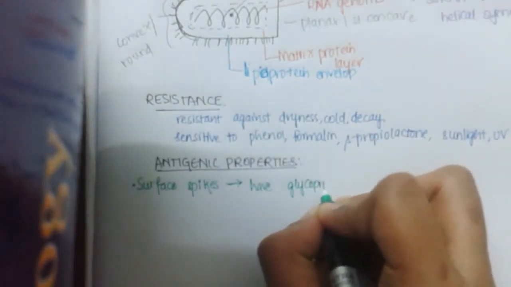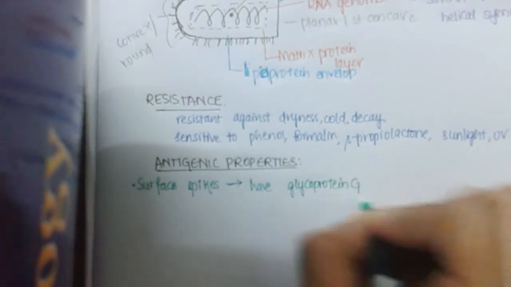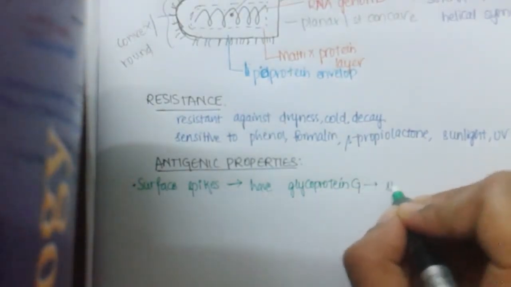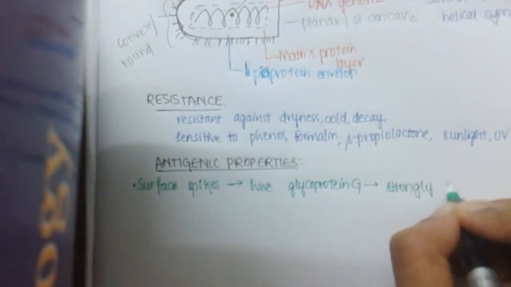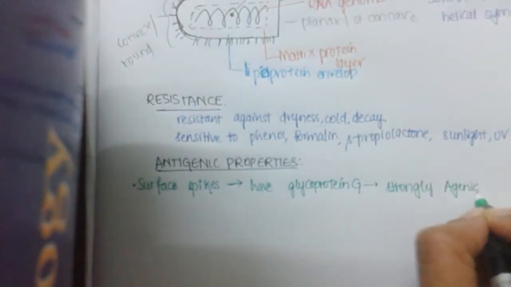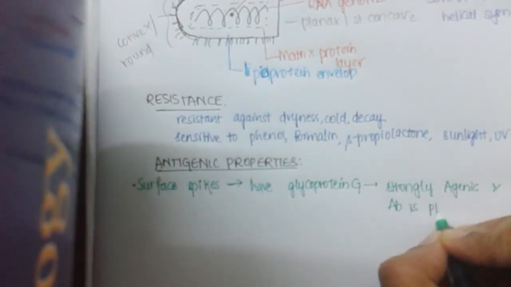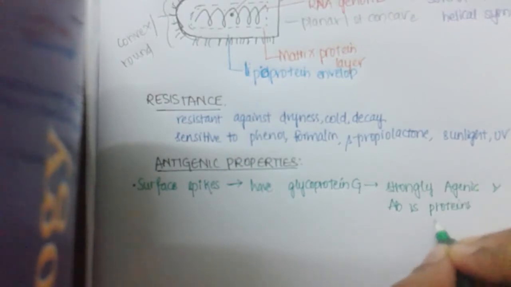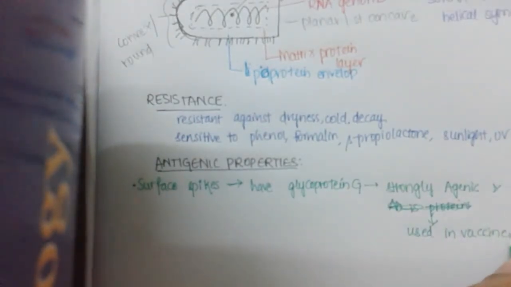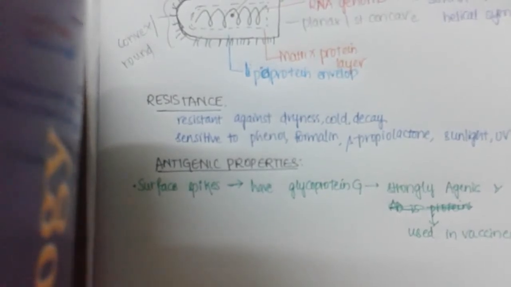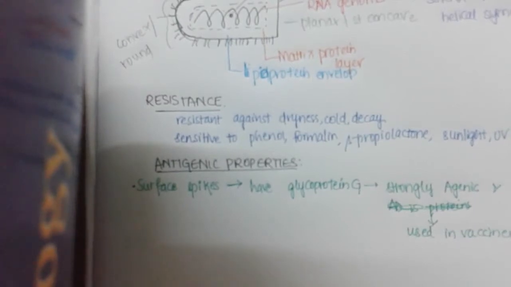Glycoprotein is a protein along with carbohydrate residue. This glycoprotein is strongly antigenic, and antibodies are produced against it, and these are used in vaccines. So mainly one of the properties is surface spikes. These surface spikes have glycoprotein G, which is strongly antigenic, and this is used in vaccines.